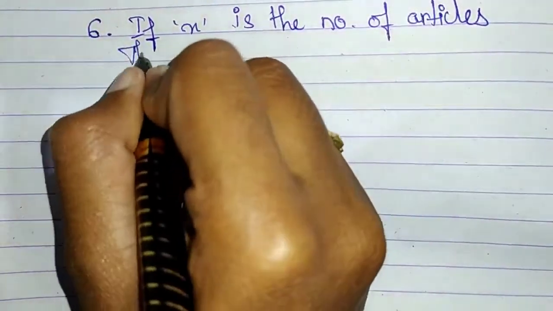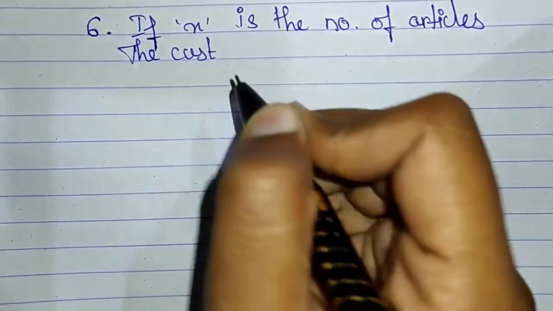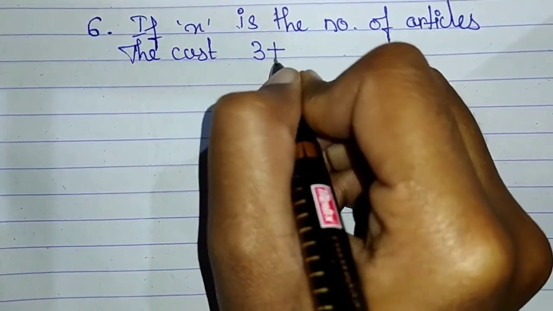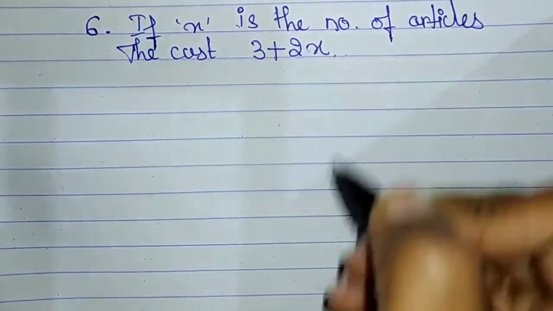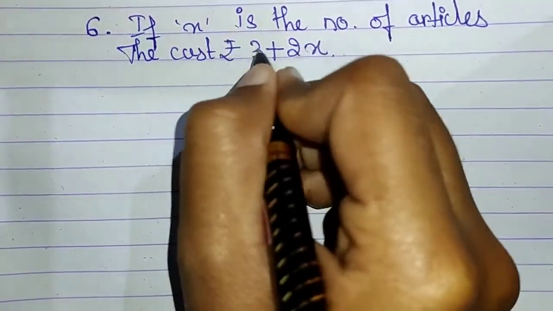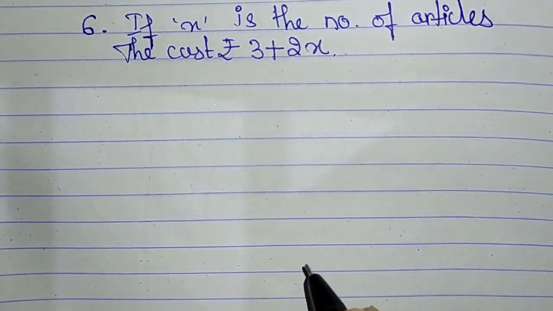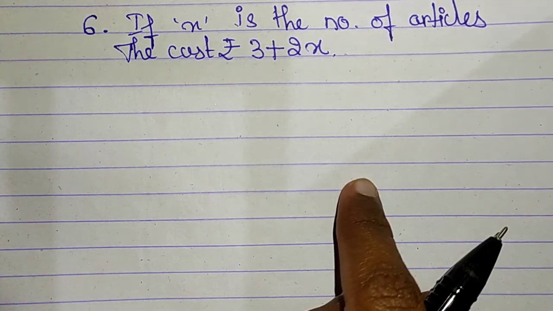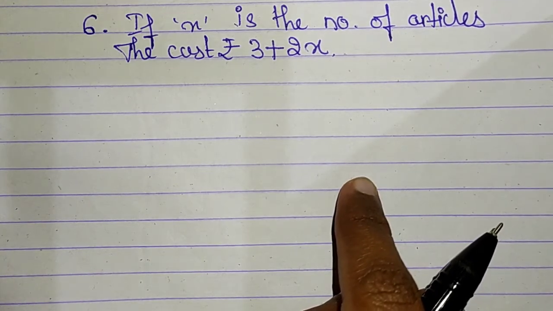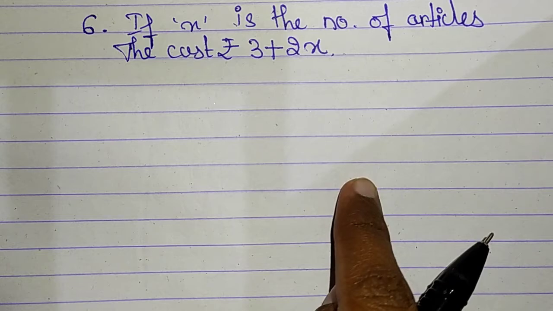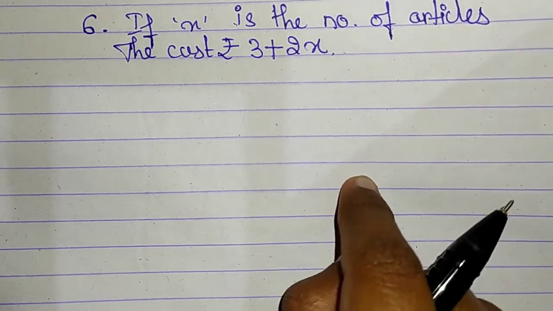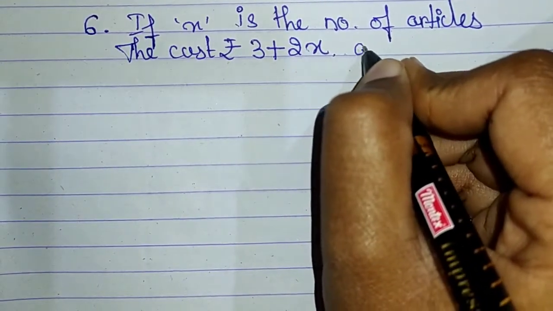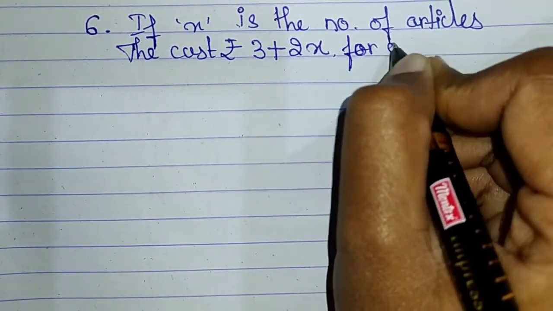the cost of these articles will be 3 more than twice the number of articles produced. This will be the cost, 3 plus 2x. If the total cost of production on that day was rupees 90, so for one article the cost is rupees 3 plus 2x, for each article.